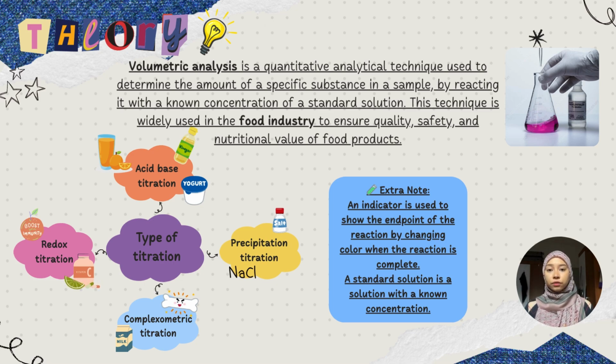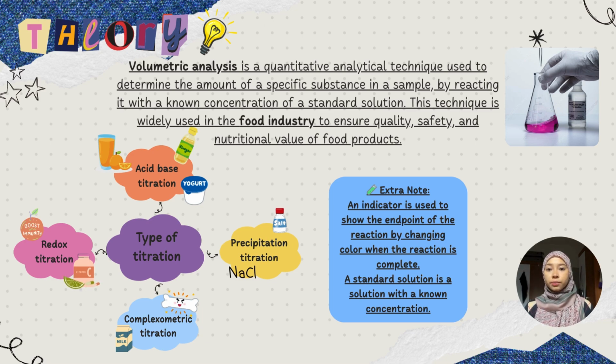There are four main types of titration: acid-base, redox, complexometric, and precipitation. Acid-base titration is commonly used to measure the acidity of vinegar, fruit juice, and yogurt. Redox titration helps determine vitamin C content in juice and supplements. Complexometric titration measures calcium and magnesium in milk and dairy products.